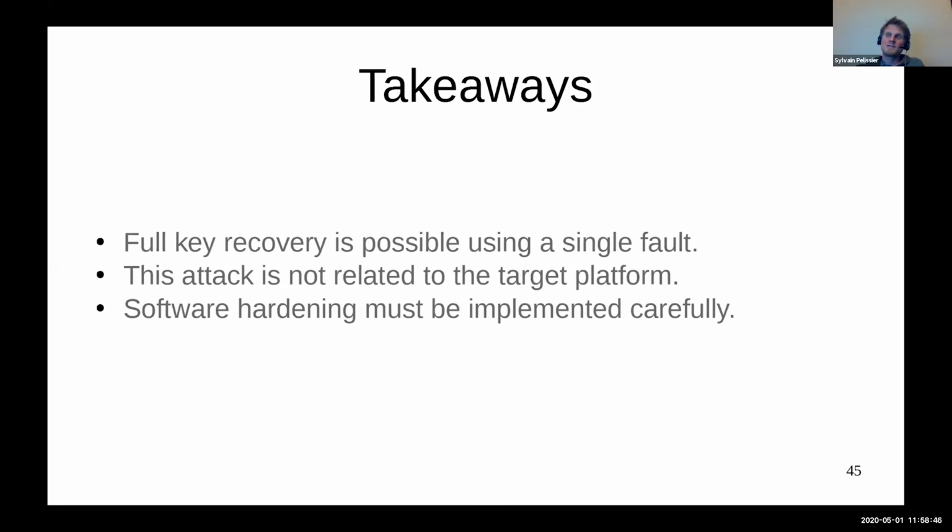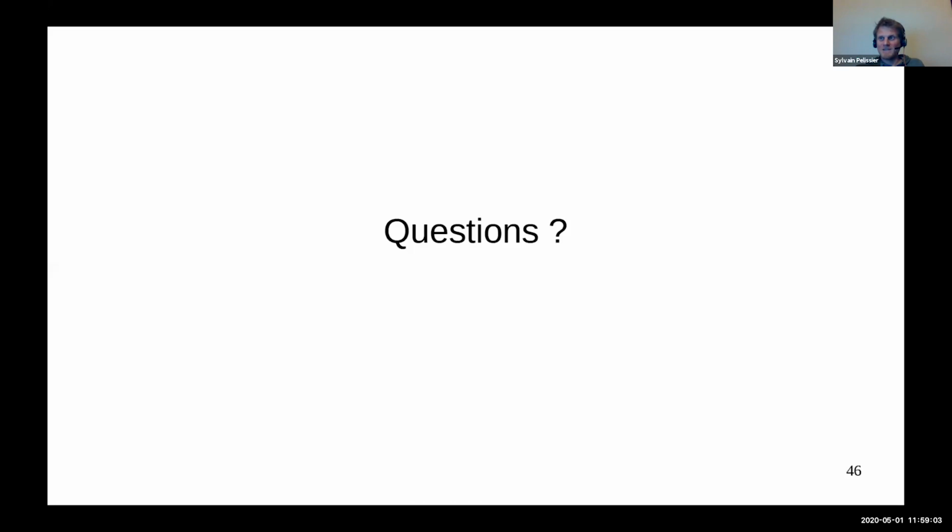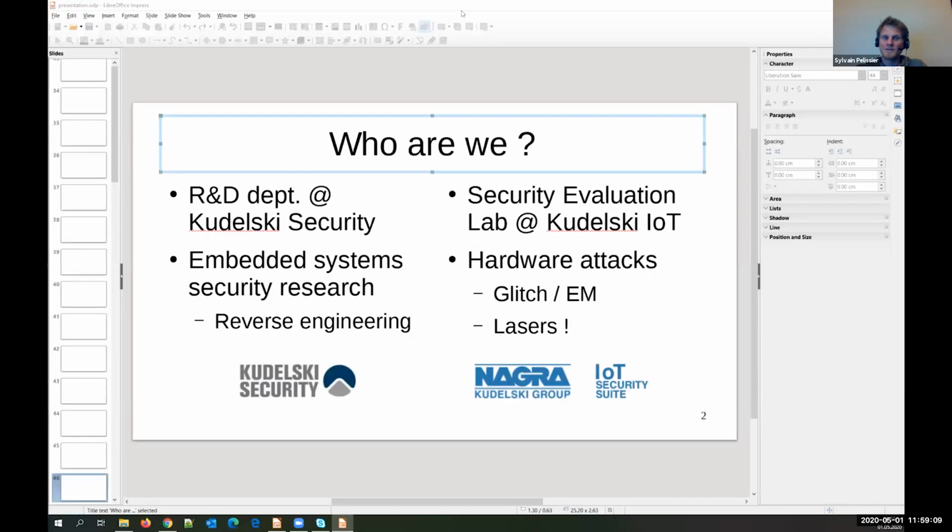We've also noticed that as soon as your hardware is vulnerable to glitch, it's really, really difficult to do software hardening. It can be done, but it has to be done really carefully. Otherwise, you won't protect against those kinds of attack. So that's all for us. If you have any questions, feel free to ask now or in the breakout room.